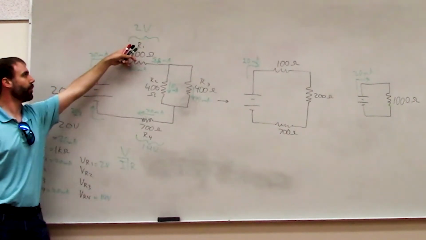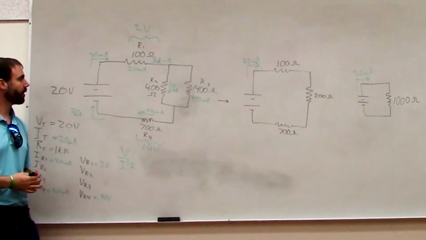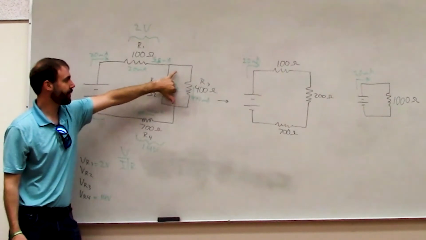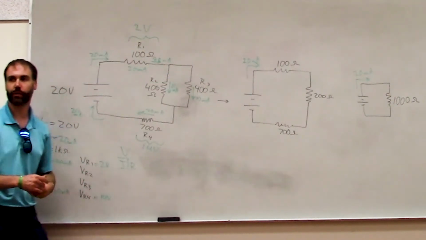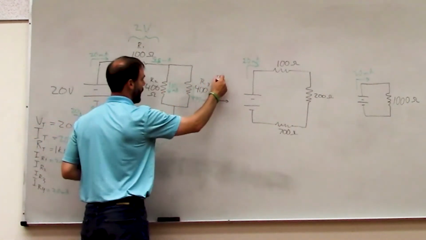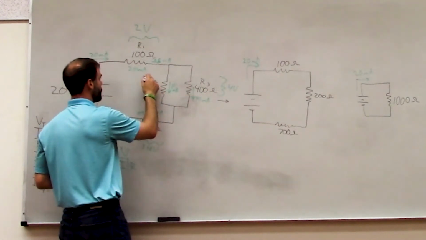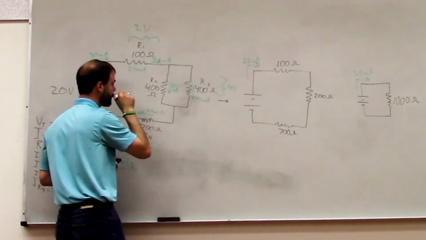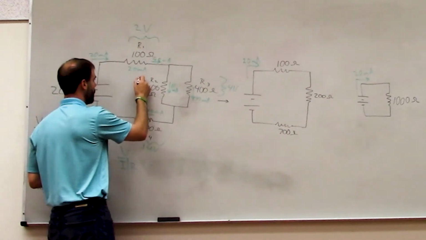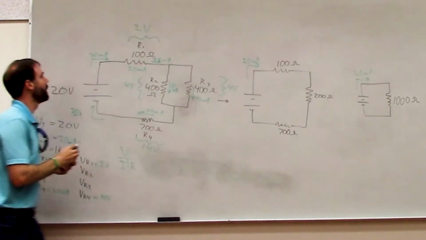So we've got 2 volts there, we've got 14 volts down there, so that adds up to 16. So the remaining 4 volts have to be across these components over there. So you could look at that and you could say that this is 4 volts there. And this is 4 volts there.